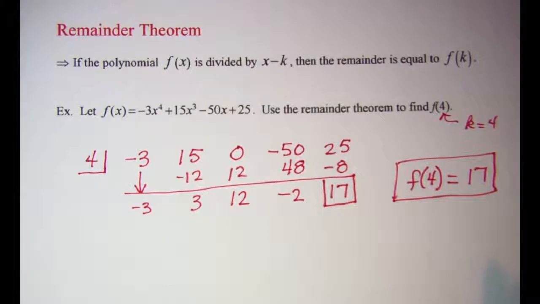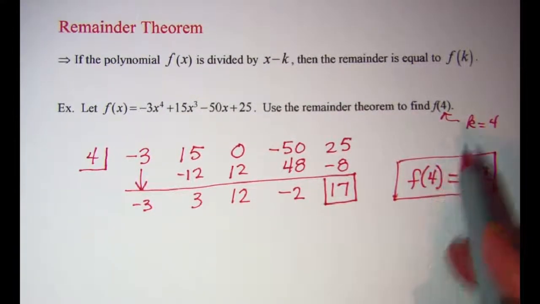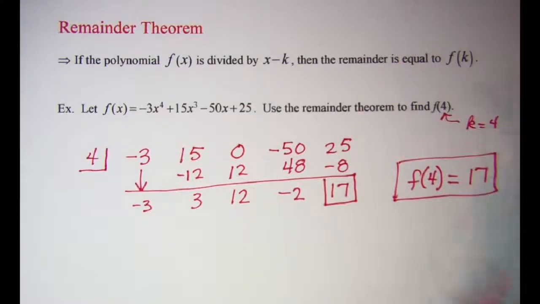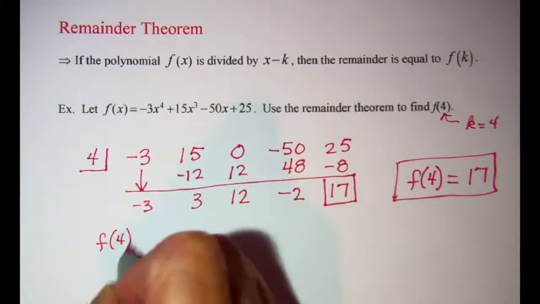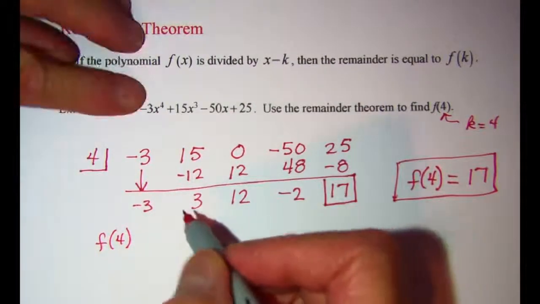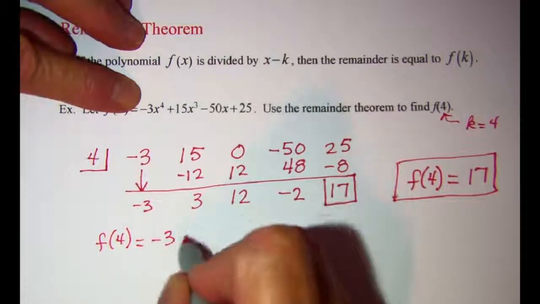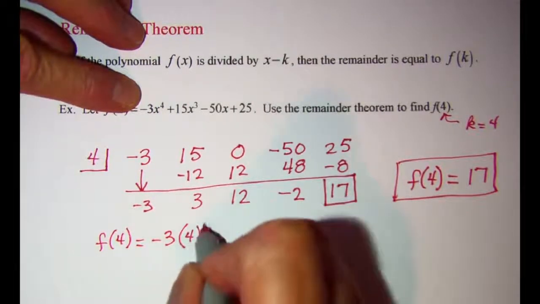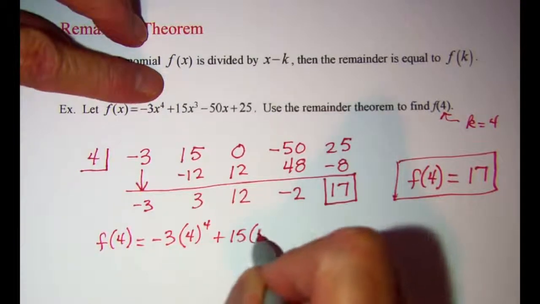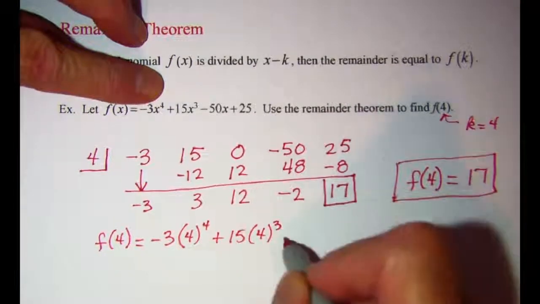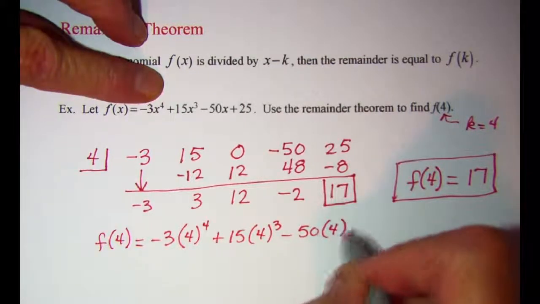Now we could, and I want to just point this out this one time, we could find f of 4 by plugging 4 into my equation. Just substituting it in, negative 3 times 4 to the fourth power plus 15 times 4 to the third power minus 50 times 4 plus 25.